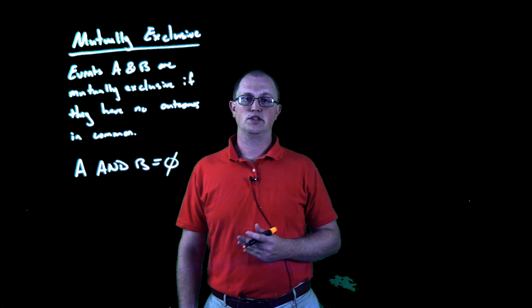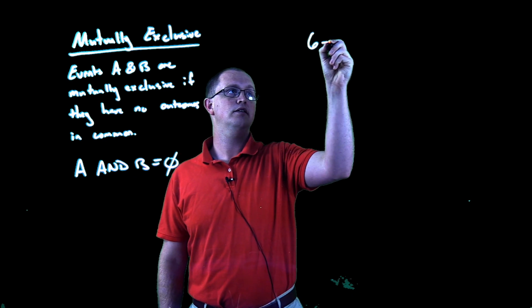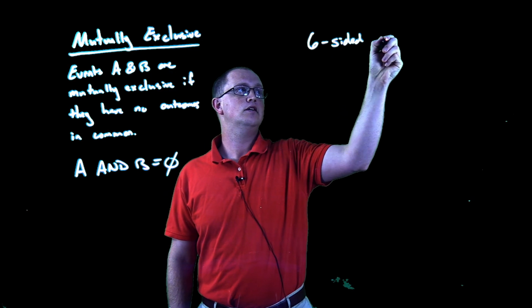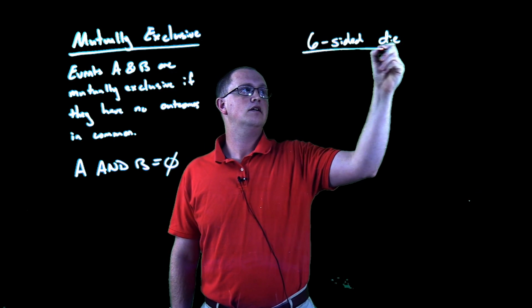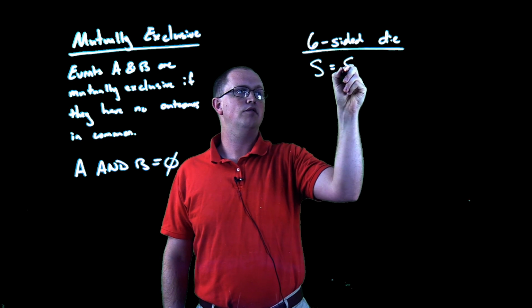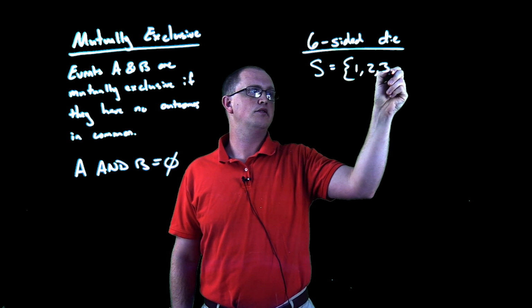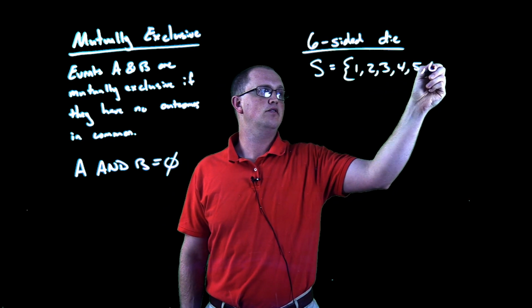So, for example, continuing with our six-sided die, we have a sample space that involves rolling a 1, 2, 3, 4, 5, or 6.